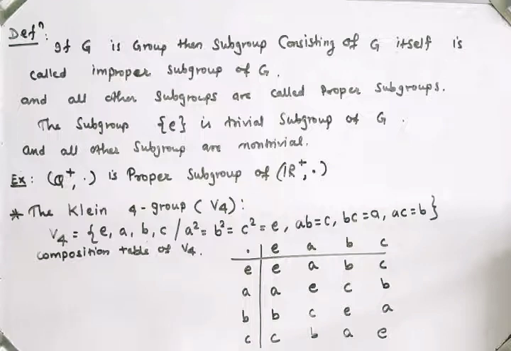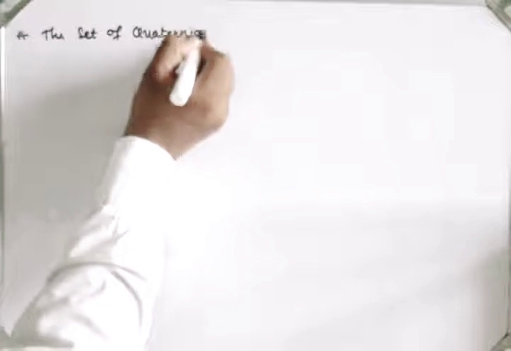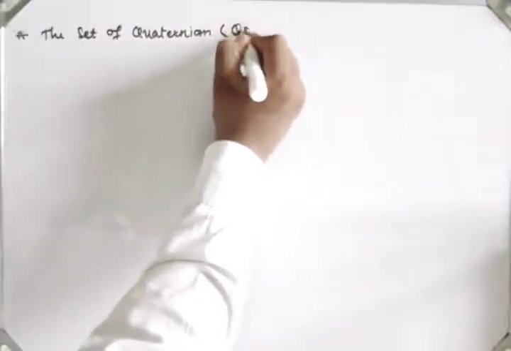Next we will see a very famous set, the quaternion group, denoted by notation Q8.